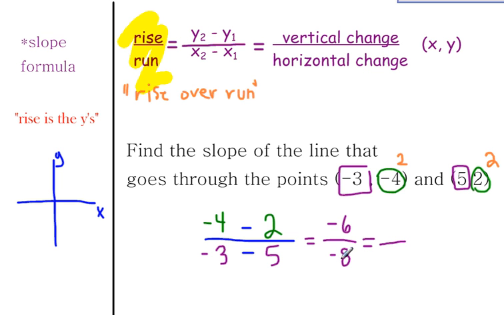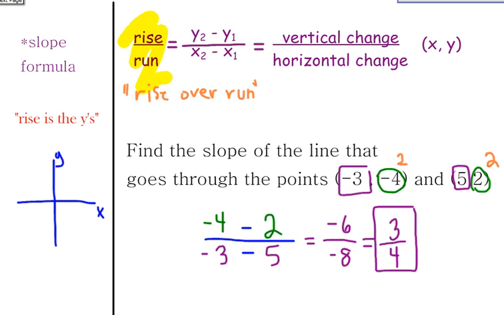Negative and a negative is going to give me a positive answer, so I'm going to rewrite my answer with positives only. And I can simplify 6 and 8 by dividing the top and bottom by 2, which will give me 3/4. The slope of the line between these 2 points is going to be 3/4.